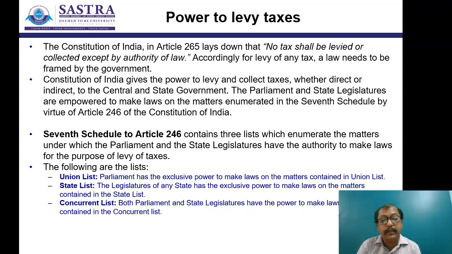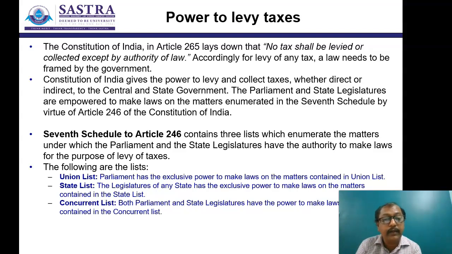The first one is the Union list, where the Parliament has exclusive power to make laws on the matters contained in the Union list. The central government will make that. In the State list, the legislature of any state will make laws, and they have the powers to levy and collect taxes in the matters specified in the State list.